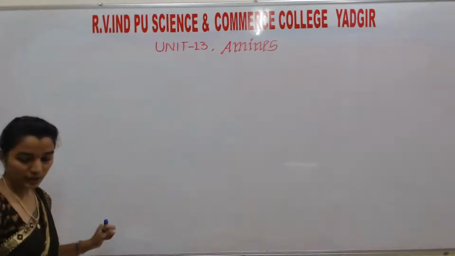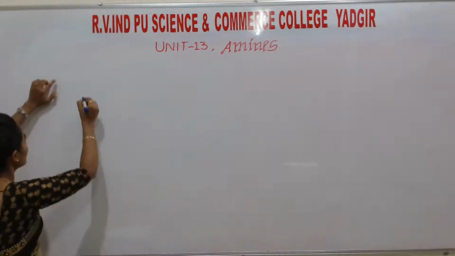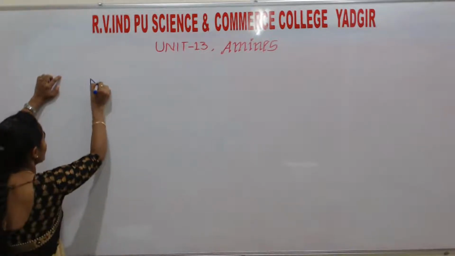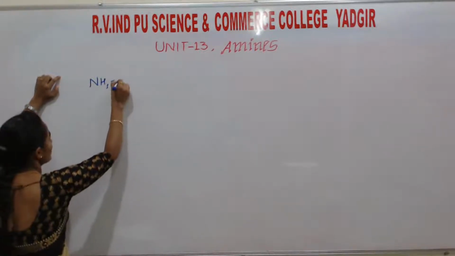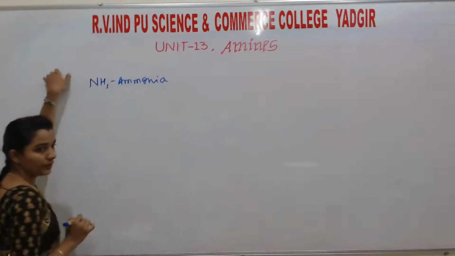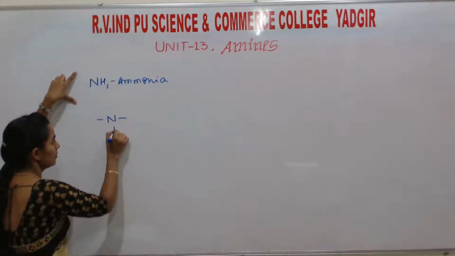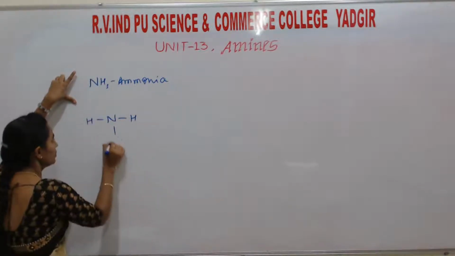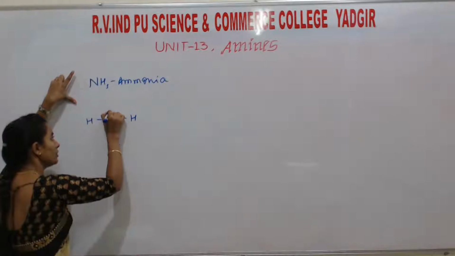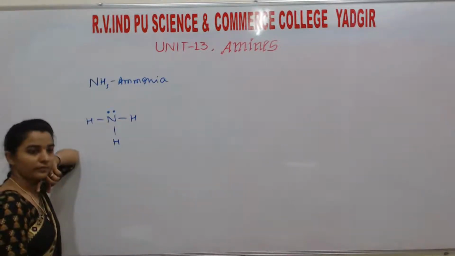So first I will write what amines are. I'll take the example of NH3, which means ammonia. One nitrogen atom is bonded to three hydrogen atoms with one lone pair of electrons.